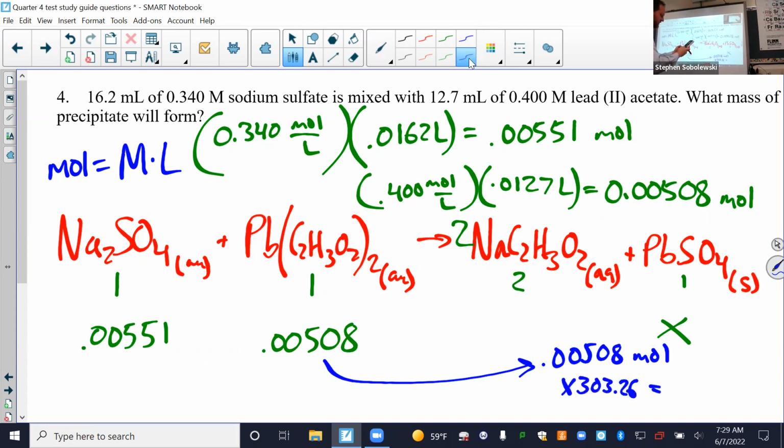Which gives me a final answer of 1.54 grams. Just make sure I have 3 sig figs. Yes, I do. Let me do a quick double check on that molar mass. 207.2 plus 32.07 plus 64.